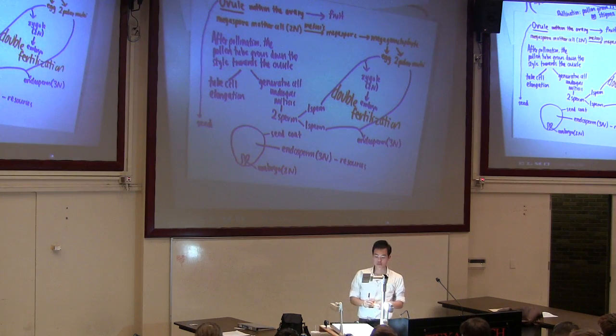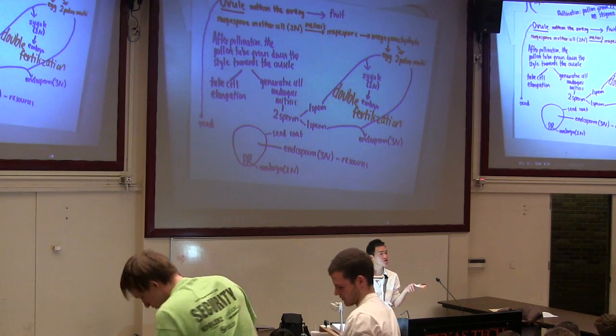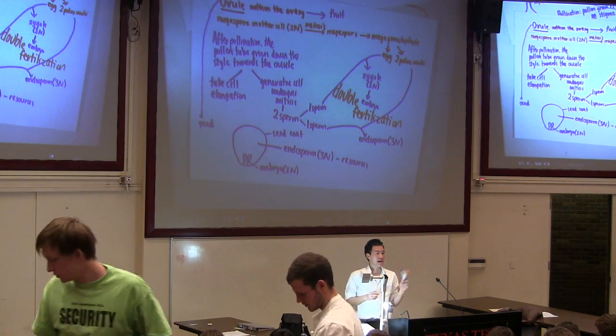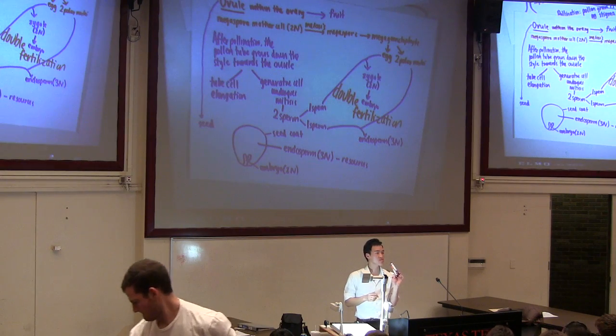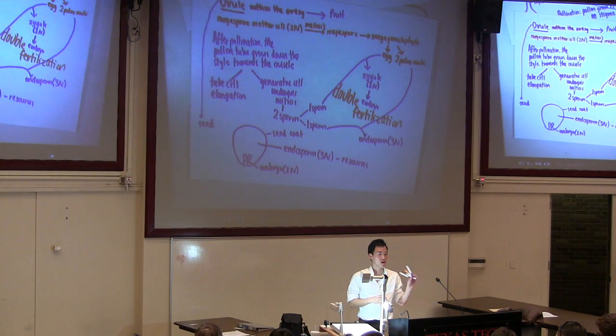In terms of sporophytes and gametophytes, the gametophyte of a gymnosperm and angiosperm, can it do photosynthesis? Can the gametophyte of gymnosperm do photosynthesis? It's inside the seed, right? It's inside something, so it's not exposed to light.